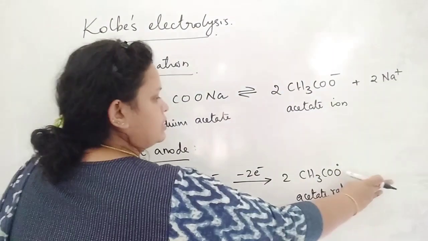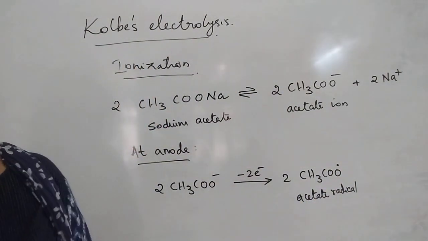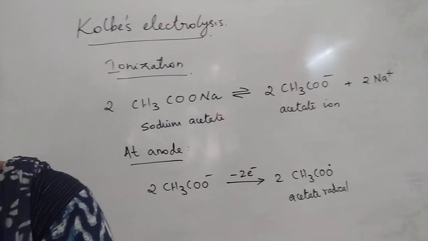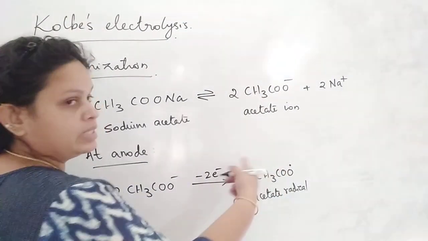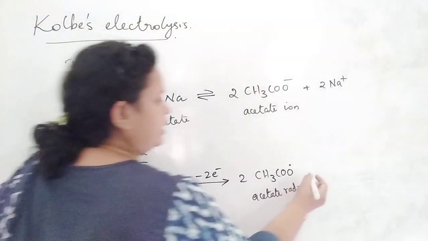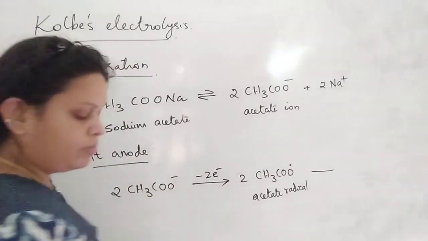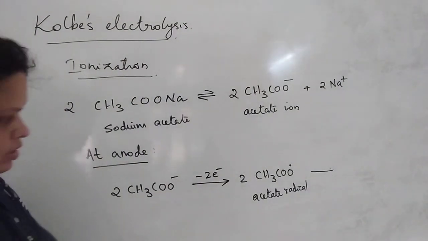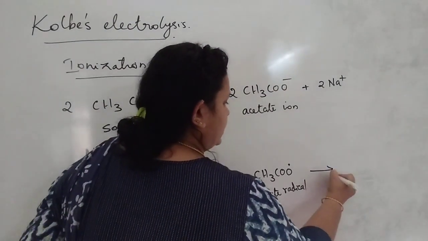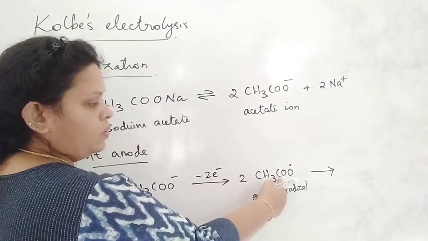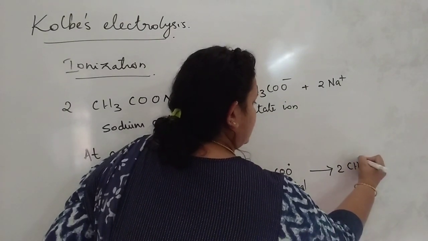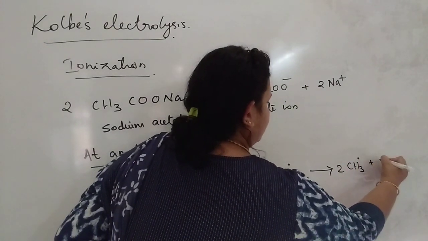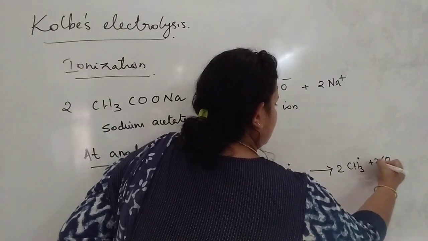Next, from this particular radical, carbon dioxide is easily lost, and thereby it becomes the methyl radical. When the CO2 is lost, you get the methyl radical plus carbon dioxide.